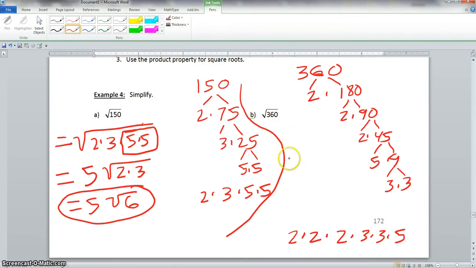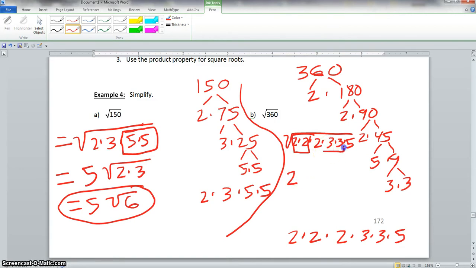Now we'll put this under the square root. Now we'll have our 3 2's. We have our 2 3's. And we'll also have our 5. Okay, now remember, we group them. We have 2 2's here, so we know we'll pull 1 2 out.